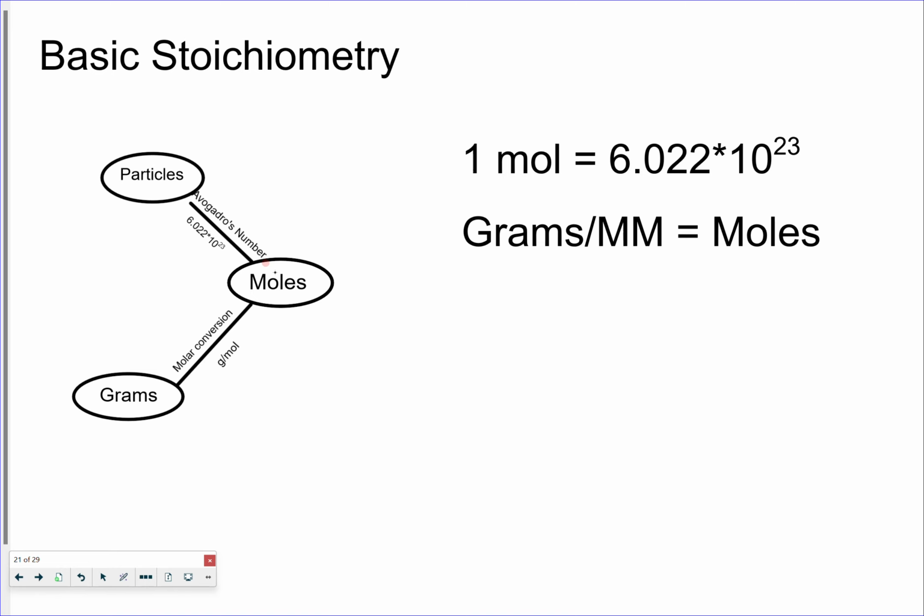So 6.022 times 10 to the 23rd atoms, molecules, or formula units is equal to 1 mole. To get from moles to grams, we use molar masses, and you'll see that on your periodic table. For example, hydrogen has a molar mass of 1.01 grams per mole, and that's the conversion we'd use to get from moles to grams.